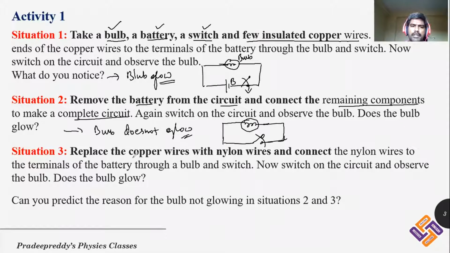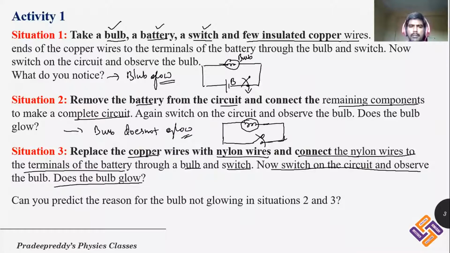Now coming to situation 3, replace the copper wires with nylon wires and connect the nylon wires to the terminals of the battery through a bulb and switch. Now switch on the circuit and observe the bulb. Does the bulb glow? So you are replacing copper wire with nylon wire. Nylon is nothing but cloth, right?